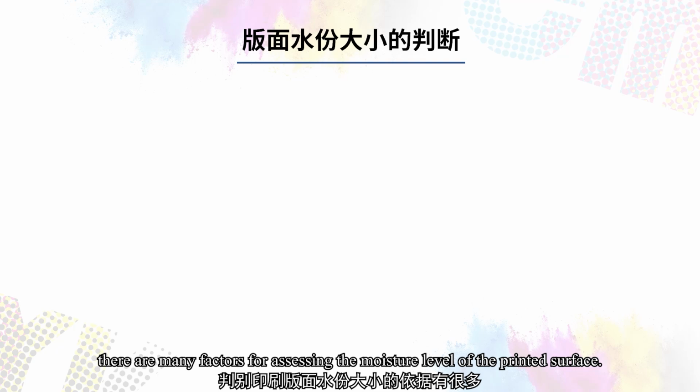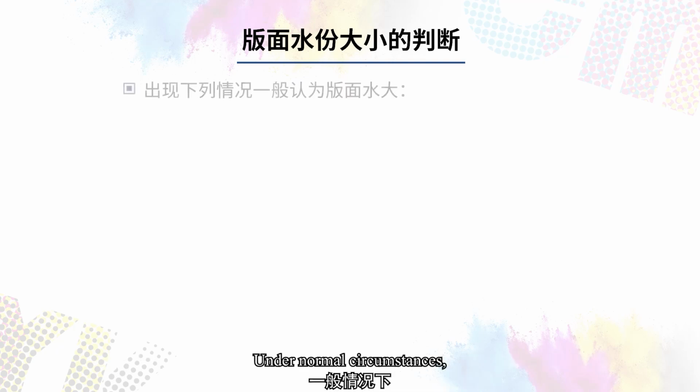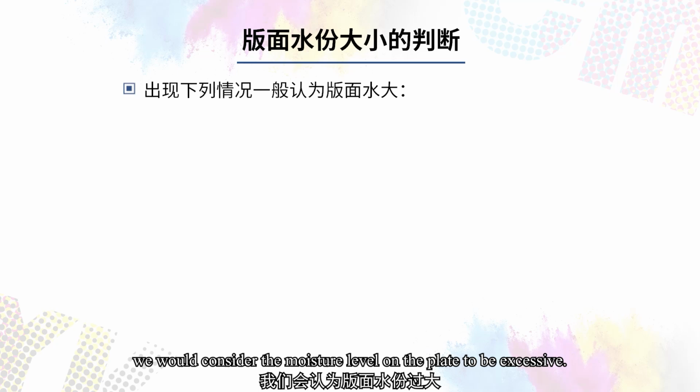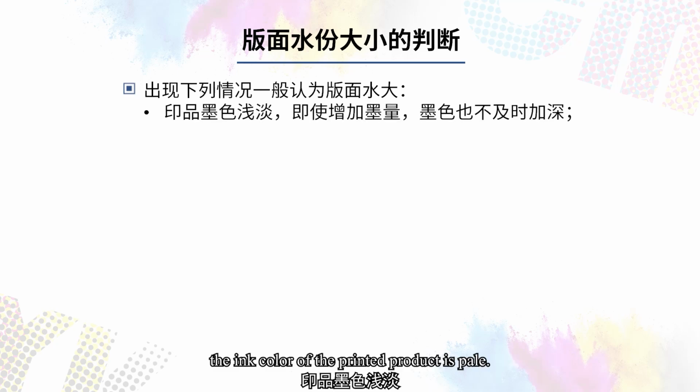During the printing process, there are many factors for assessing the moisture level of the printed surface. Under normal circumstances, when the following situations occur, we would consider the moisture level on the plate to be excessive. First, the ink color of the printed product is pale. Even if the amount of ink is increased, the ink color is not deepened in a timely manner.